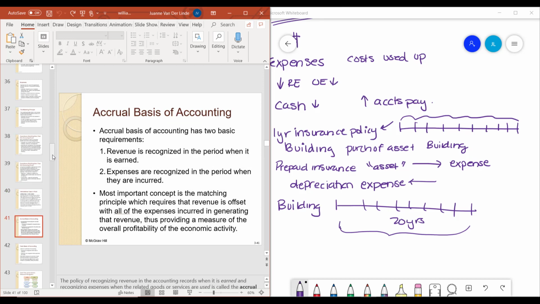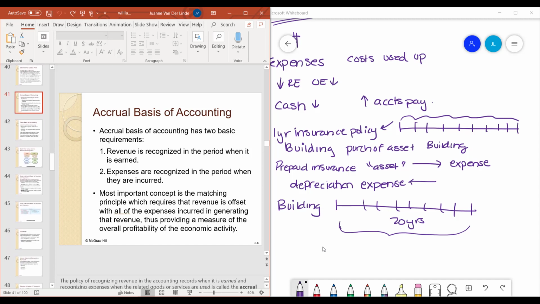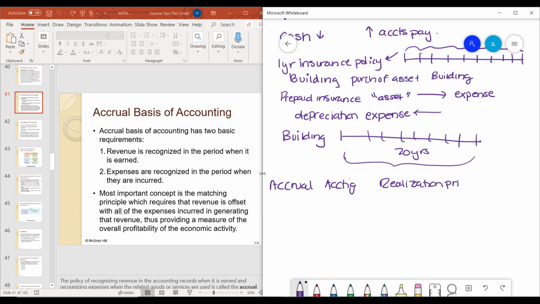All right, and for our class, and public accounting in general, the focus is on accrual accounting, the accrual basis of accounting. Accrual accounting depends on the realization principle and the matching principle, like we mentioned before.